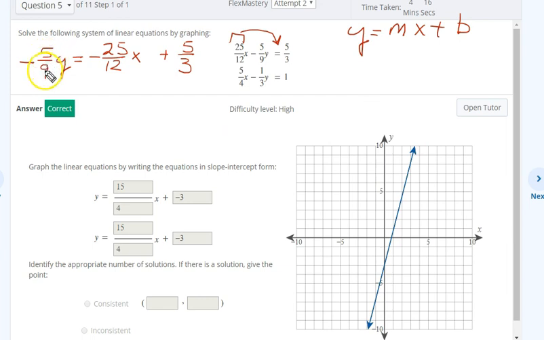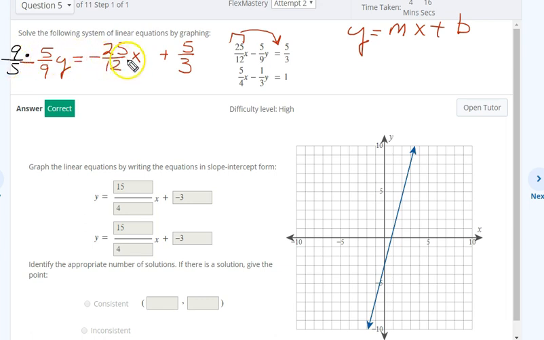What is the reciprocal of a -5/9? Well, a -9/5, and that's a negative.